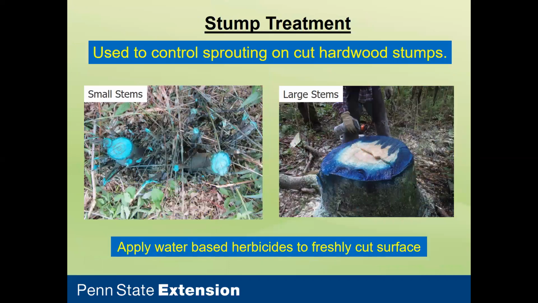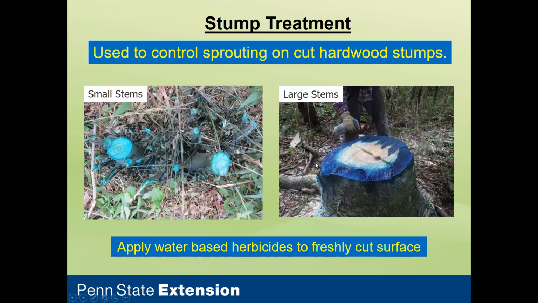And then the last application, again, another very selective type of application where you're going through a 2-step process where you're cutting those stems because you don't want the dead standing stem there, and then you're treating that cut surface. So on small stems, you're going to apply a water-based material immediately after it's cut to that freshly cut surface, and you treat the entire surface, even on these small stems you can see here.